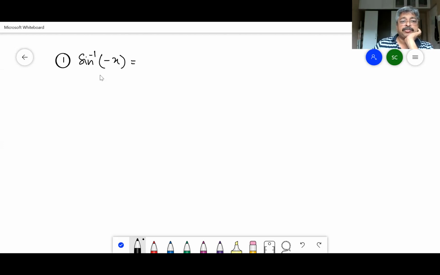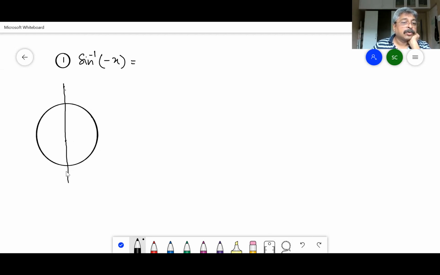So let me first explain this geometrically. Our definitions of trigonometric ratios are going to be very, very helpful in this case. Unit circle and the position of the terminal ray.